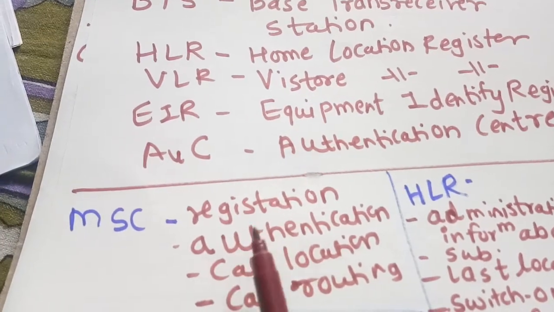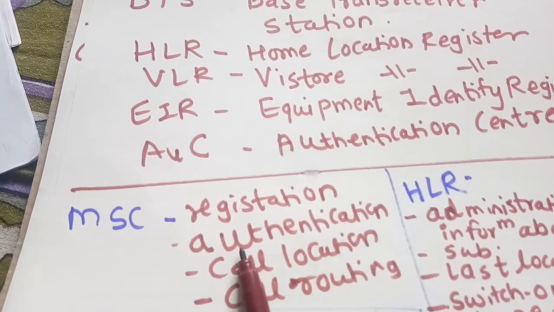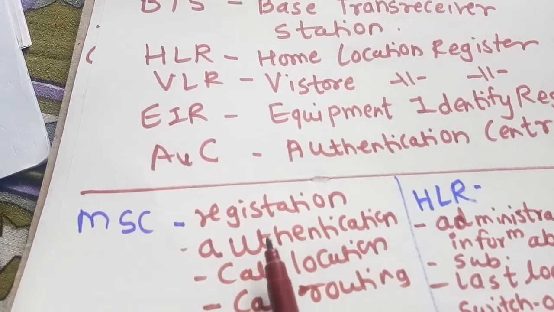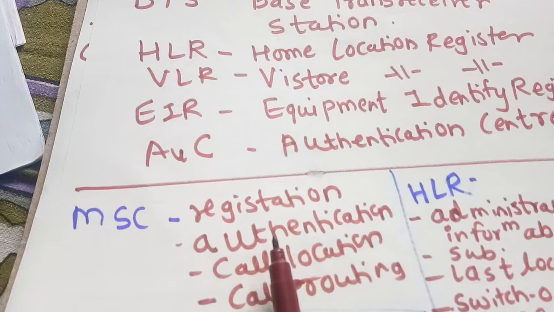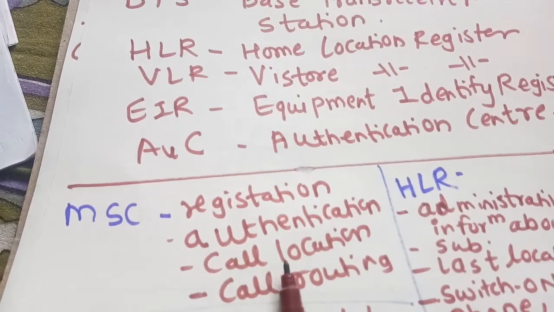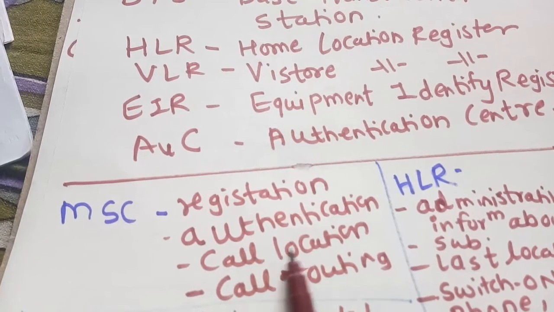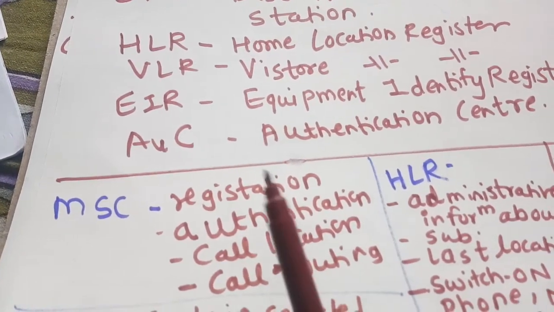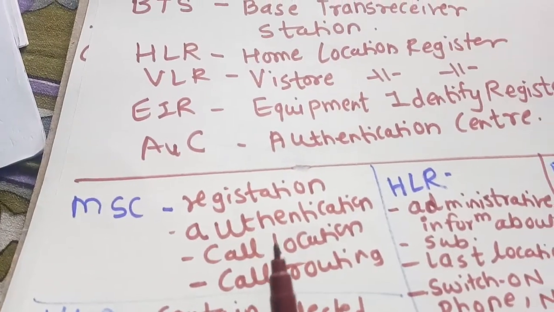Then it provides authentication, so all information is secured and all data is authenticated. Then it finds the call location. Your current location of your mobile is given by the MSC, and call routing is provided. These are the main functions of the MSC.